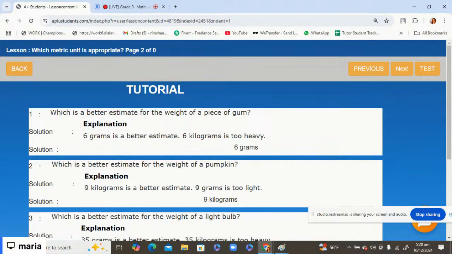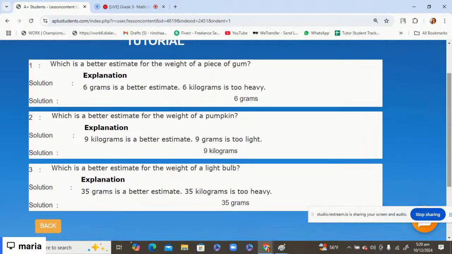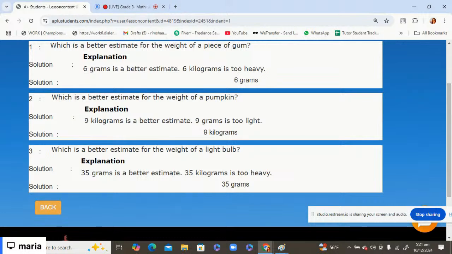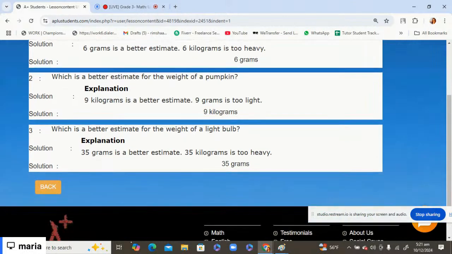The weight of the pumpkin is a big thing, so it's in the form of kilogram, not gram. Then the light bulb, so we are using grams, not kilograms, because it's not too heavy, it's too light.